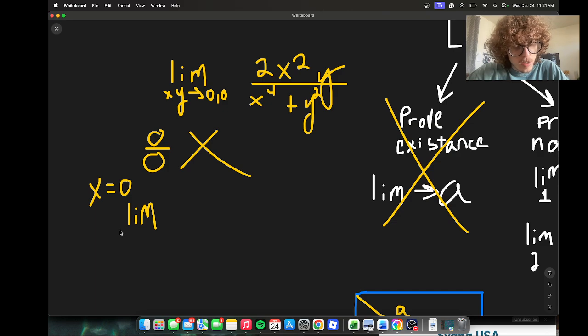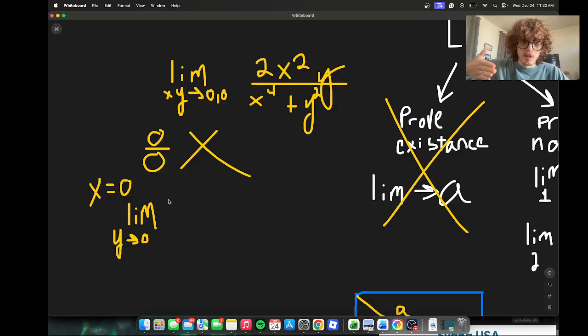Technically, it would be 0, y approaches 0, 0. But you can just think of it as y approaches 0, right? A 2D limit now. Plug in 0 for all the x's, because we're literally going to just restrict x to 0. X must always be 0, and that's the path we're moving along.